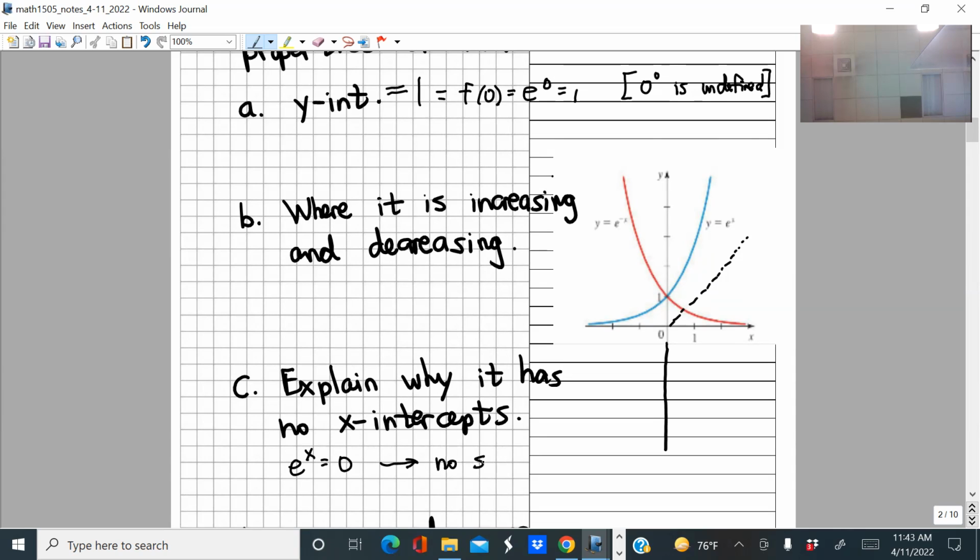So this equation has no solutions, which means you don't have any x-intercepts. E to the minus x also has no solution either. So no x-intercept. So kind of boring in that respect.